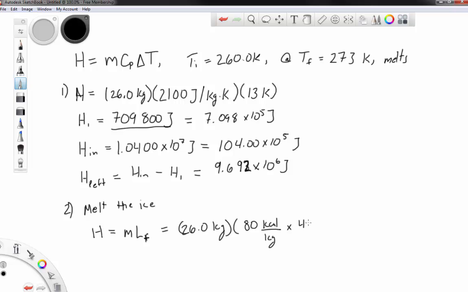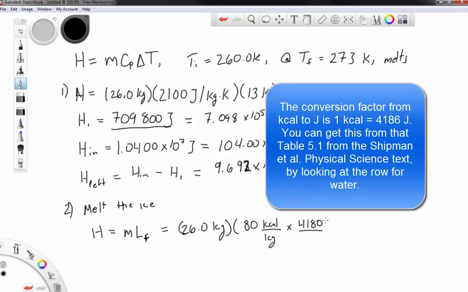So we use 4,180 joules per kilocalorie. So this tells us in joules how much melting the ice is going to take heat-wise.